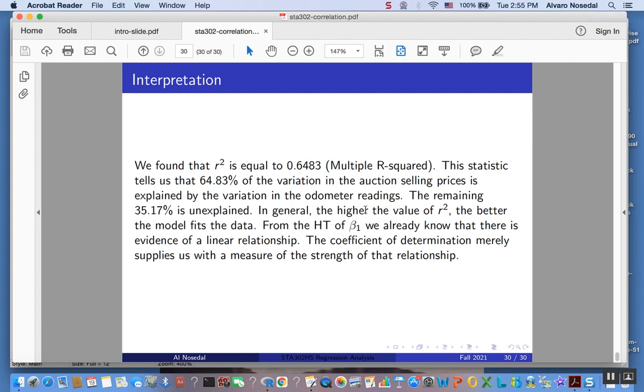And just a reminder that the higher R square is, the better, and the highest value that you can have for R square is 1. And yeah, that's basically it. R square measures the strength of the linear relationship that we have.